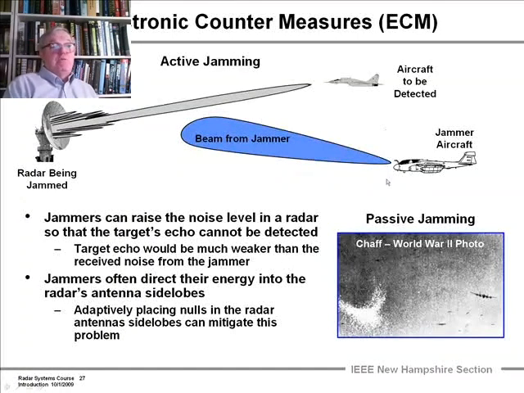There can be active jamming, where you can have a plane with a huge transmitter transmit energy towards the radar. And this would be the radar being jammed, because this signal from another location will put a huge signal in the side lobes of the antenna and hopefully lower the signal-to-noise ratio so that the aircraft can't be detected. And that's one reason we want to put nulls in the side lobes in the directions of the jammer. And that's, I think, what I've said in these words.